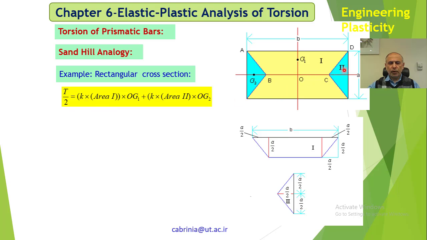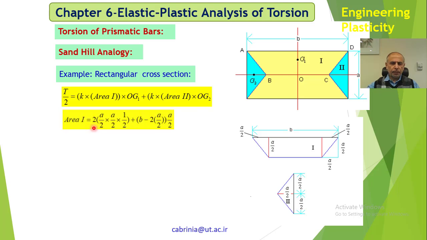Also on area 2, if we take G2 as the centroid of this triangle, then OG2 times the force gives us the moment or torque. But because we have taken only half of the area, that's why we write T over 2.